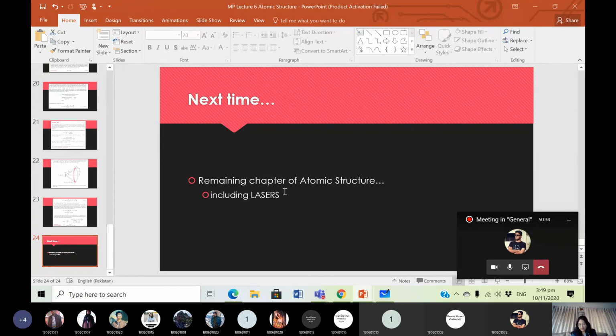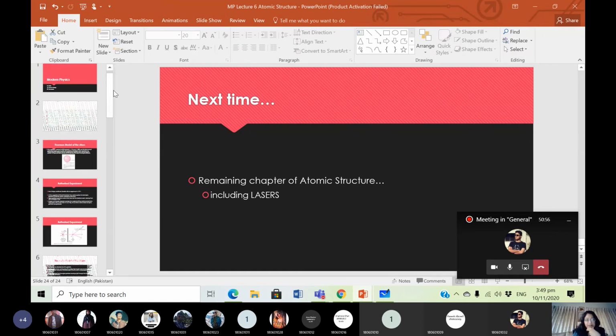In this chapter we will also study lasers, electron orbits, and atomic spectra. There will be some repetition from astronomy and astrophysics, on which you already have a base. And then we will study lasers. Lasers is very short, not very long.